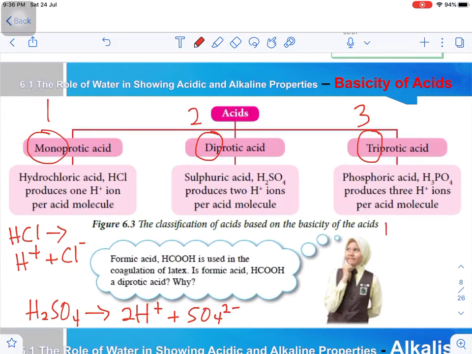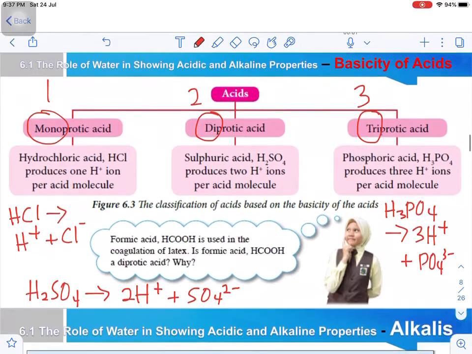Phosphoric acid, when ionized in water, will produce 3 hydrogen ion and 1 phosphate ion, okay, per molecule. Okay. So, normally monoprotic acid are hydrochloric acid, nitric acid. Sulfuric acid is considered as diprotic and phosphoric acid as triprotic.